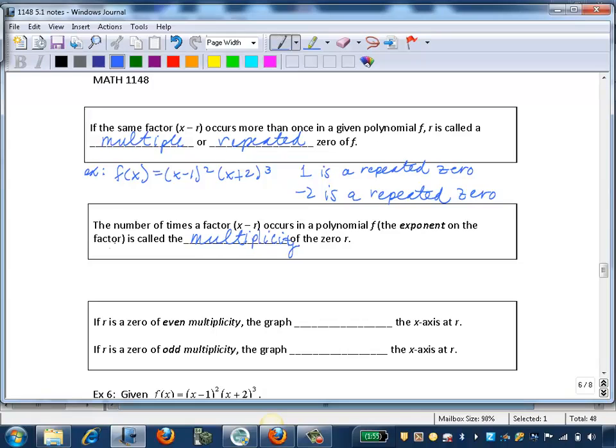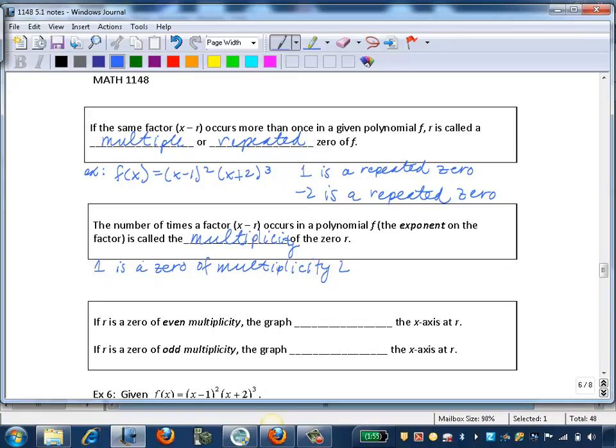So that means that 1 is a 0 of multiplicity 2, because the exponent on the factor x minus 1 is 2, or x minus 1 occurs twice in that polynomial.